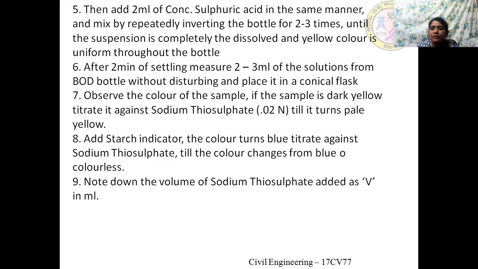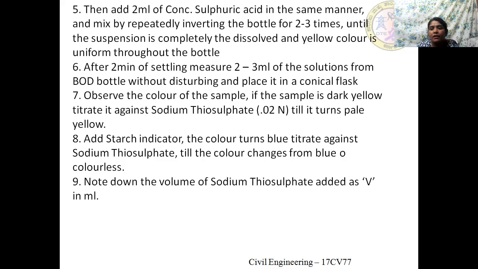After 2 minutes, you have to observe the color. It is usually dark yellow or pale yellow. Once the sample is dark yellow, you need to titrate it against sodium thiosulfate of 0.025 normality till it becomes pale yellow.